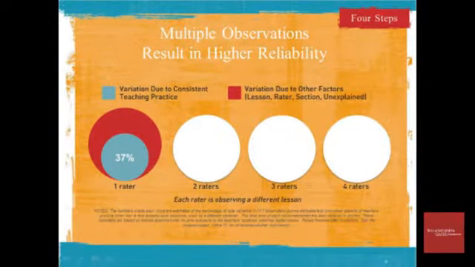And what we learned in the process was that if we just took one rater score based on one lesson, and these numbers are for the Framework for Teaching instrument that we used, but it's similar for the other 4 instruments that we tested, only about a third, 37%, of the variance in the scores from the one observation represented consistent aspects of teachers' practice.